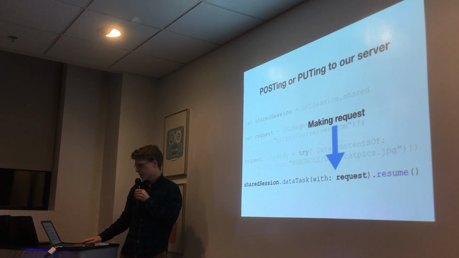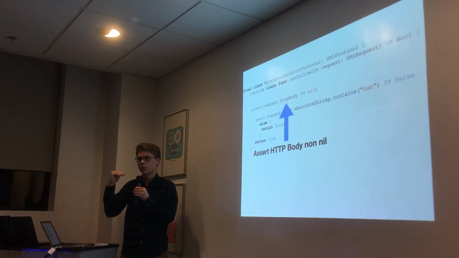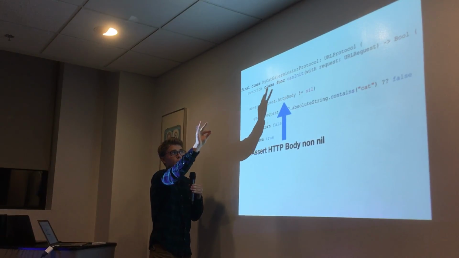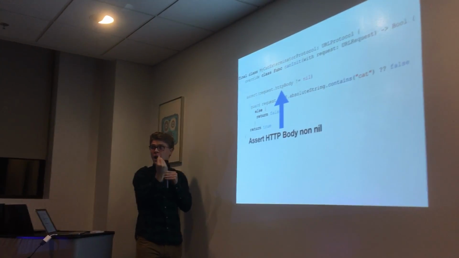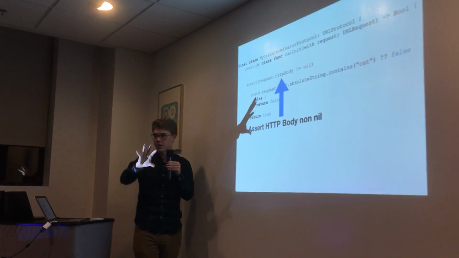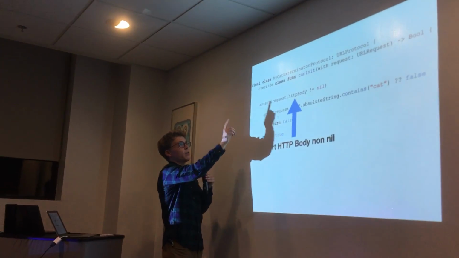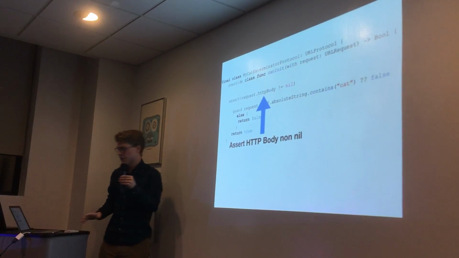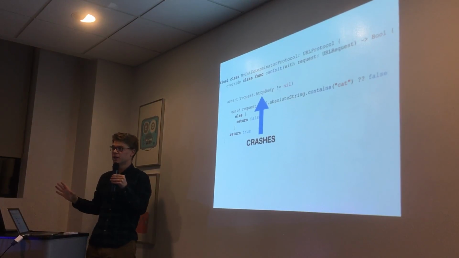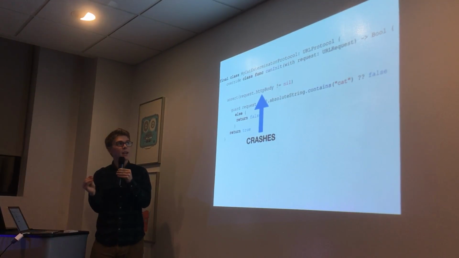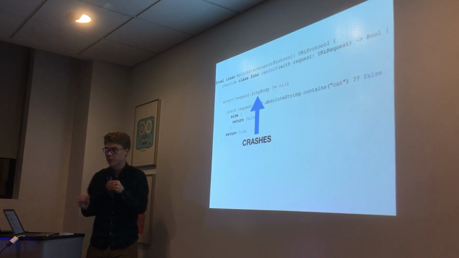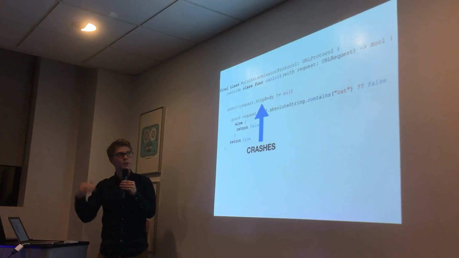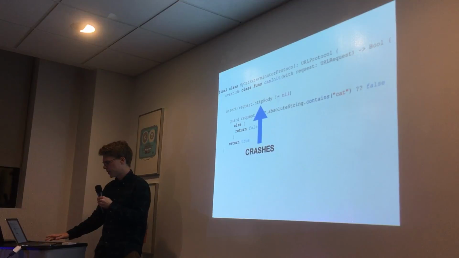We'll make the request. And inside our protocol from earlier, inside the canInit, our request is passed. And our request, as we just created it, has HTTP body set to the cat pics, right? If we have this assertion to make it non-nil, this will crash. There actually is no HTTP body from MyCatExterminatorProtocol's point of view. And that's a pretty serious bug if your network traffic is being routed through your protocol.